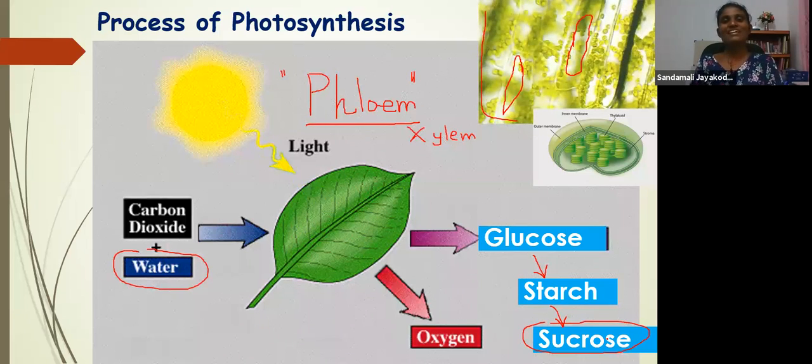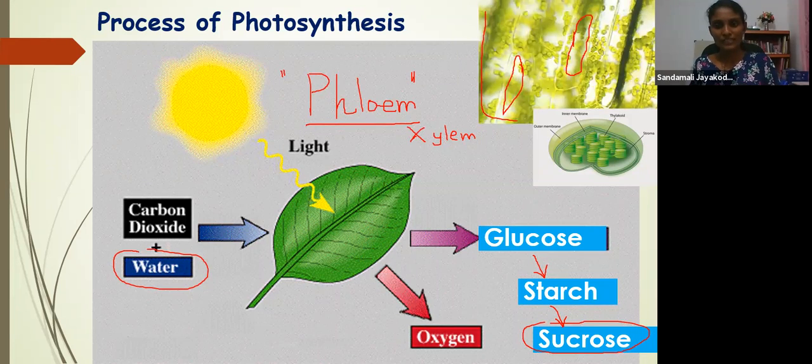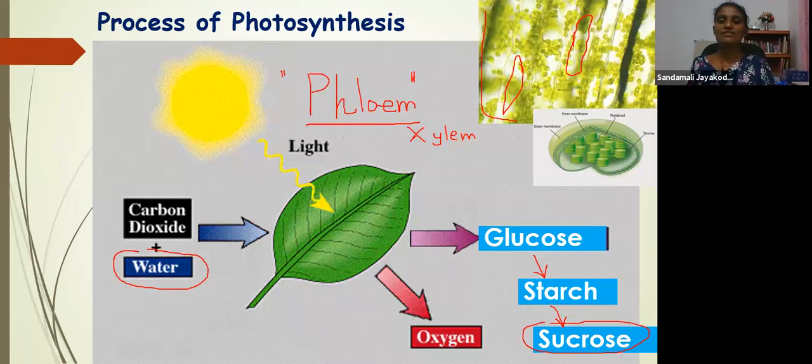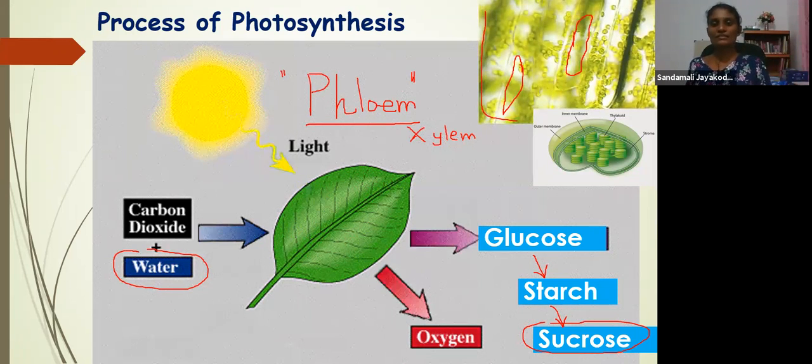They are not making it for us. It is just for their use, but we are depending on plants. So here, this sucrose is again converted into starch, or maybe into other types of carbohydrate.